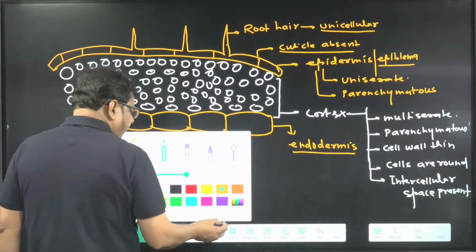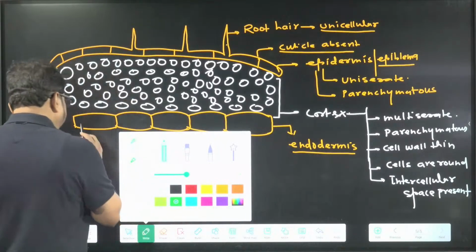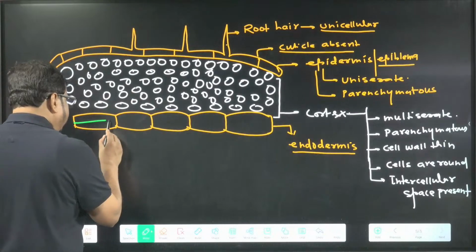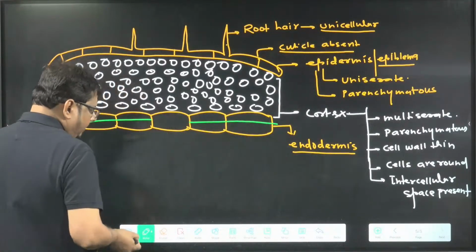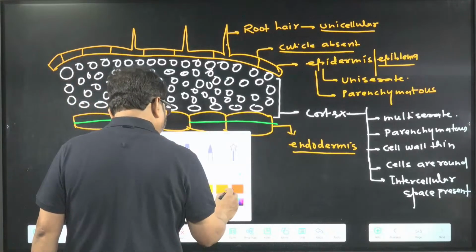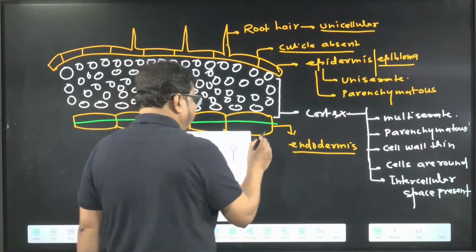Endodermis. Getting the idea or not? So if you see the endodermis, at the radial and tangential walls of most of the cells, there is a strip of suberin present. It is called Casparian strips.